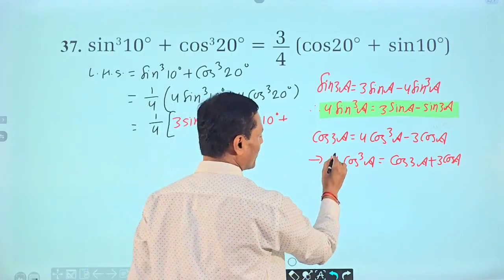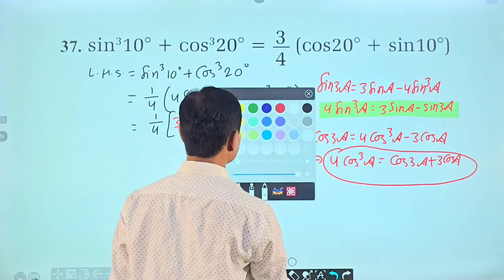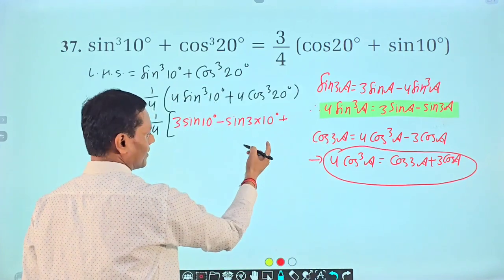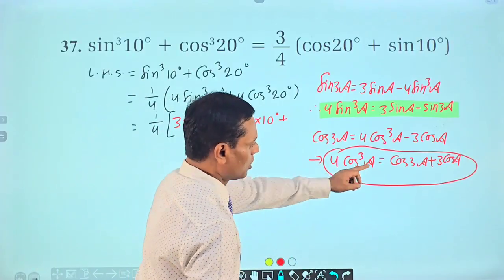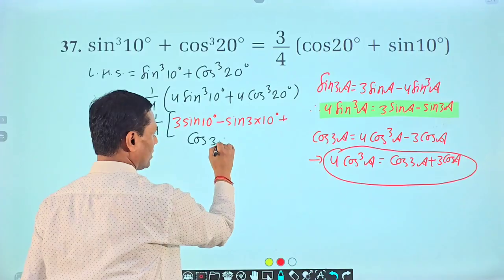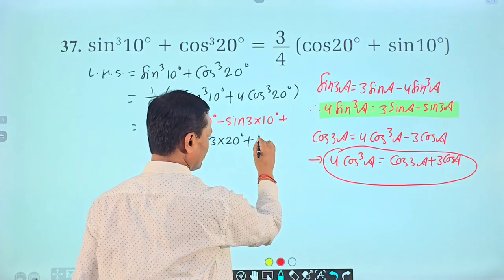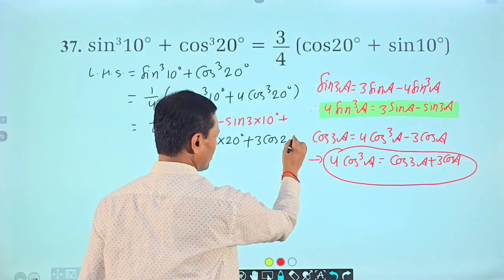So we apply this formula: cos 3a, a means 20 degree, plus 3 cos a, 3 cos 20 degree.